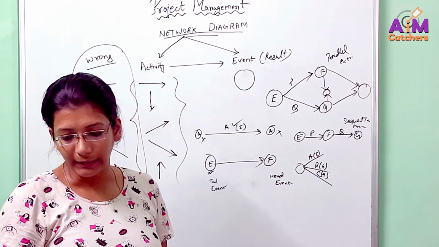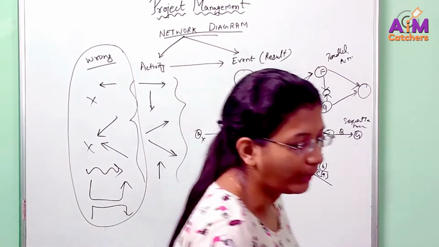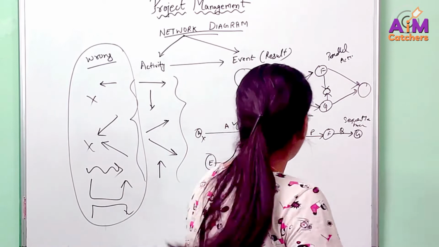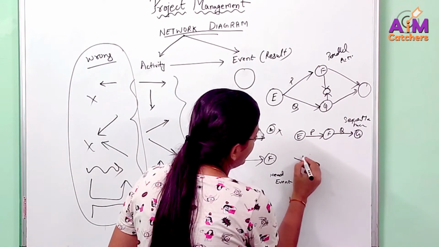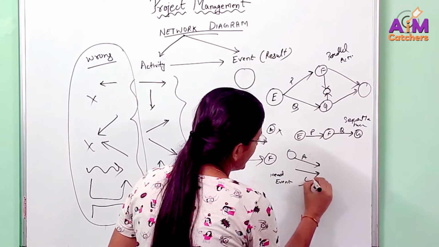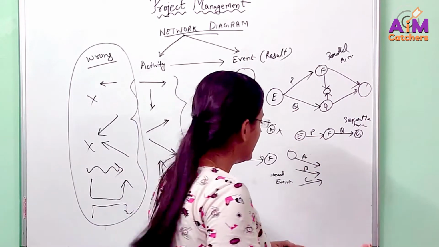So our next activity, let me do it in another way. This will lead to multiple activities. See, activity A is coming from another event, activity B and activity C. These three are also called merging events. We'll discuss it.